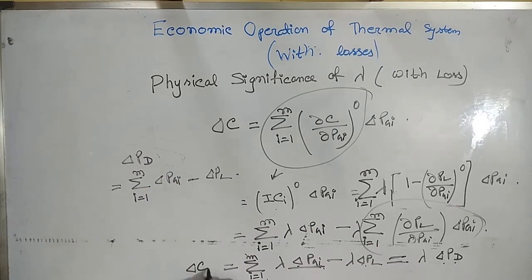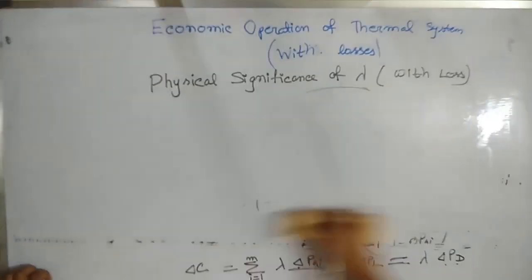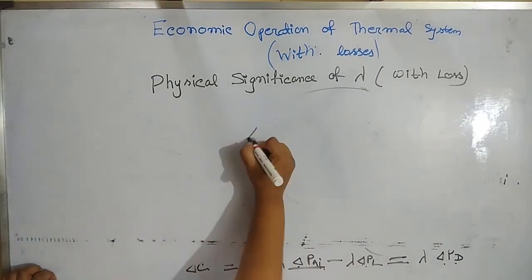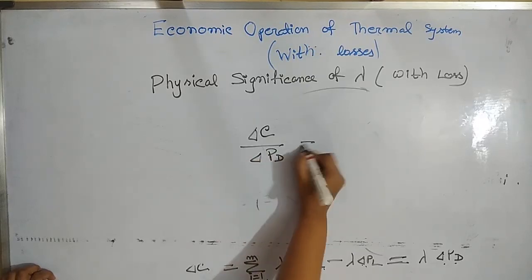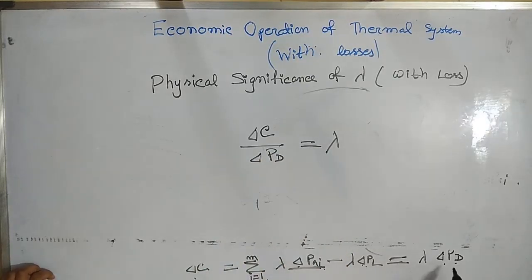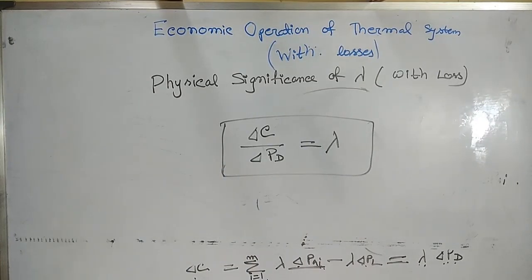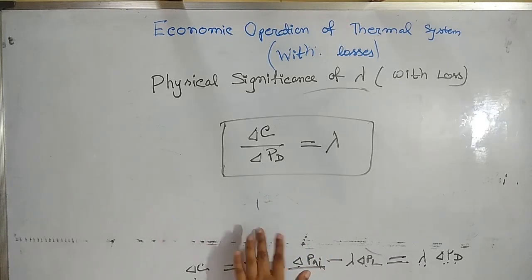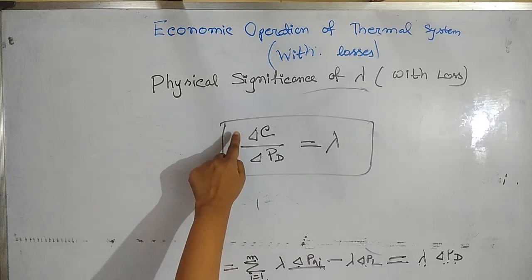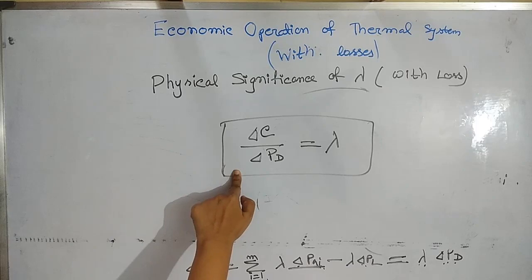So this is equal to delta C. So lambda equals delta C by delta PD. So this is the physical significance of lambda. Lambda has the same significance as in the lossless case, that is, lambda represents the incremental cost in rupees per hour by incremental load demand in megawatt.